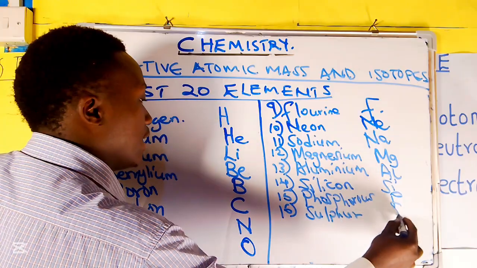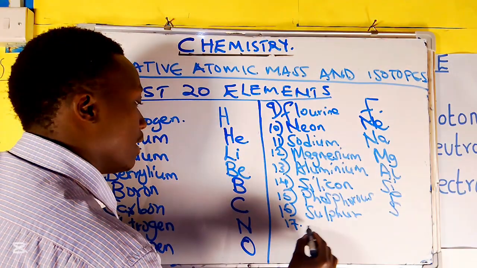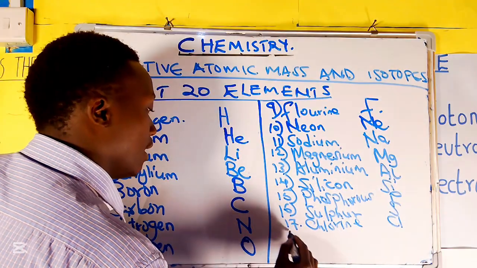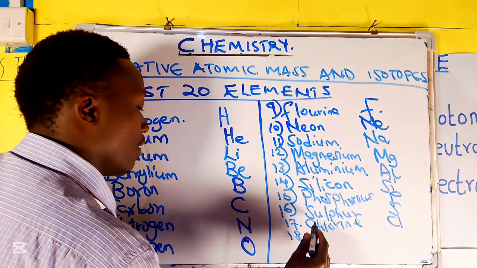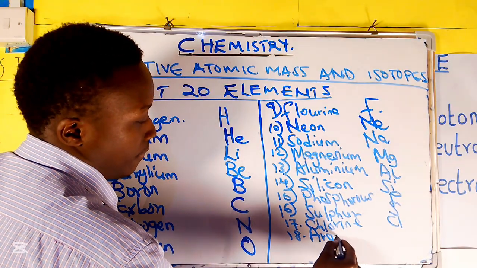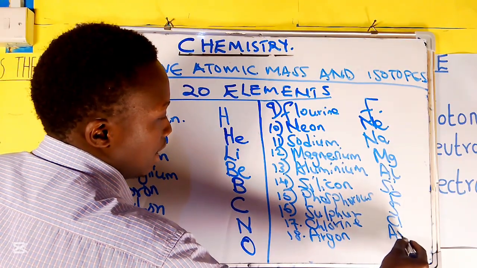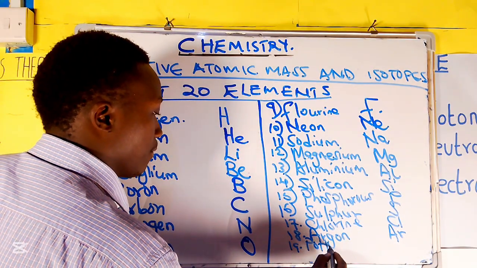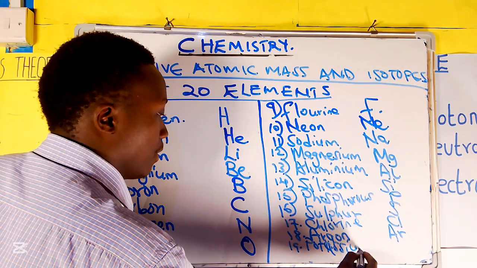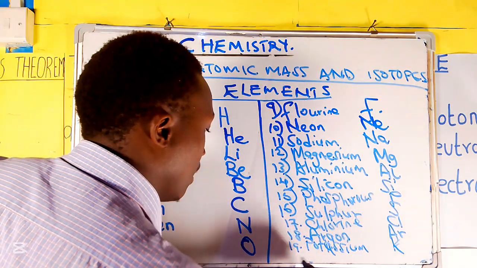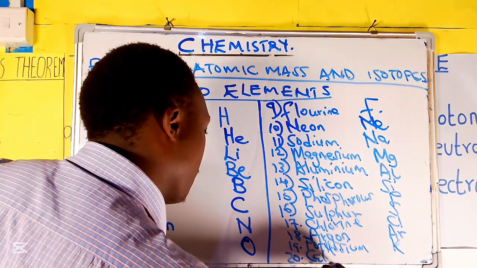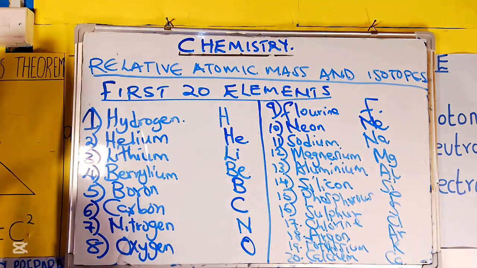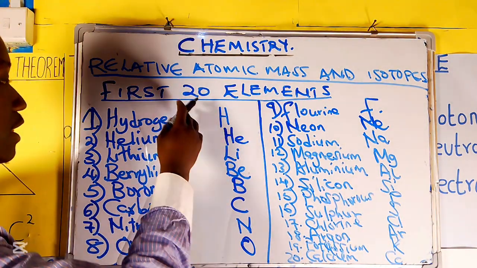Sulfur is S. Number 17 we have chlorine. Chlorine is Cl. Number 18 we have argon. Argon is Ar. Number 19 we have potassium. Potassium is K. Number 20 we have calcium. Calcium is Ca. So all these elements we have them with their symbols.